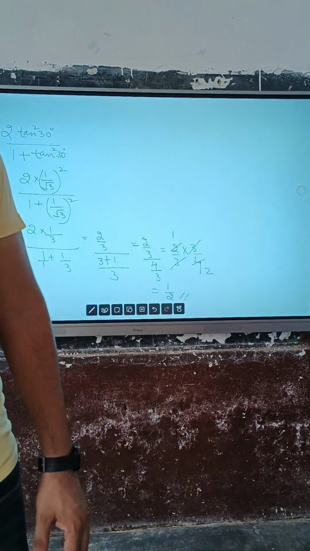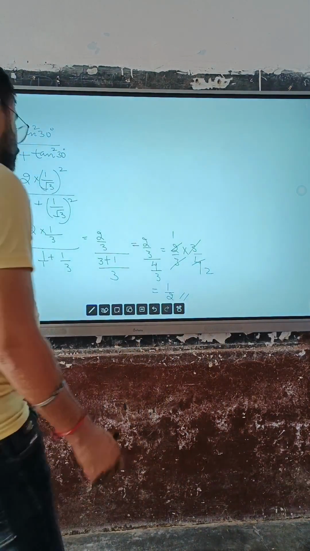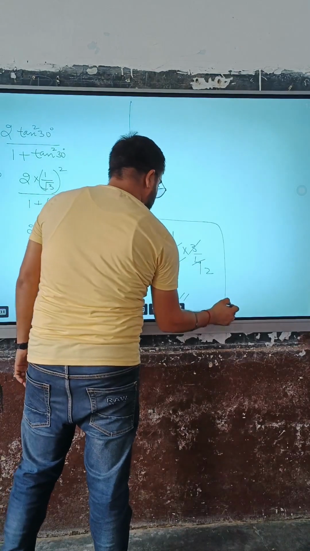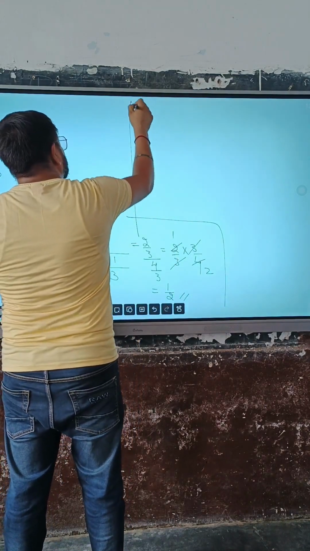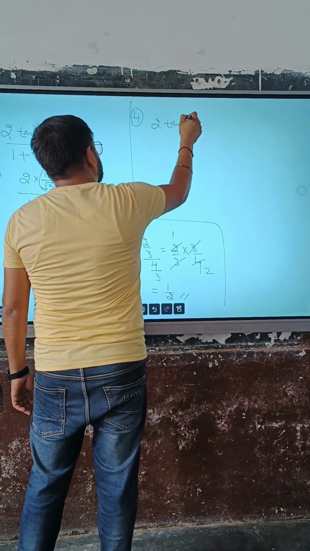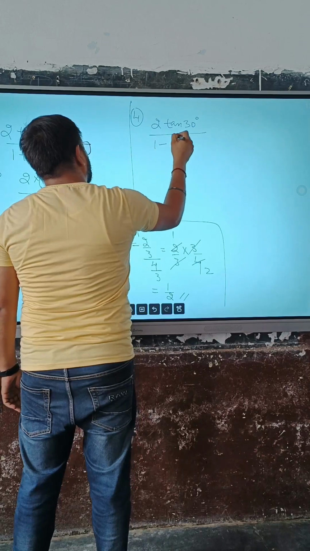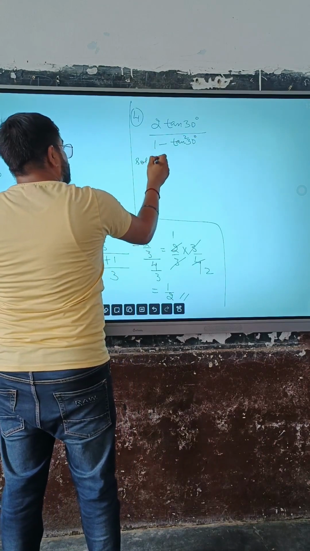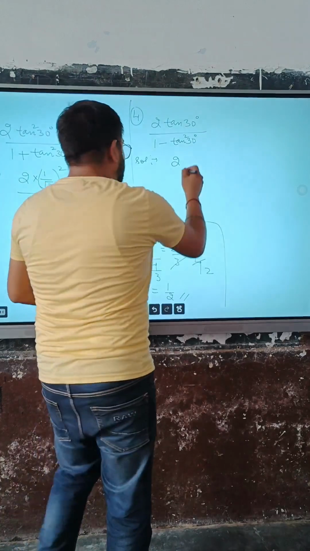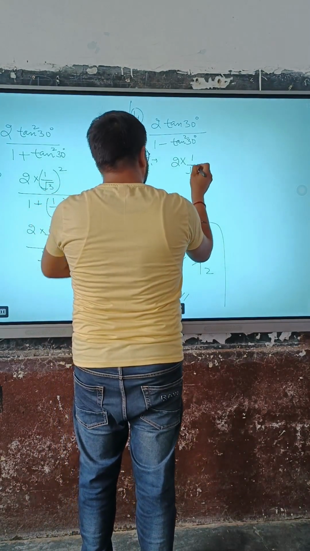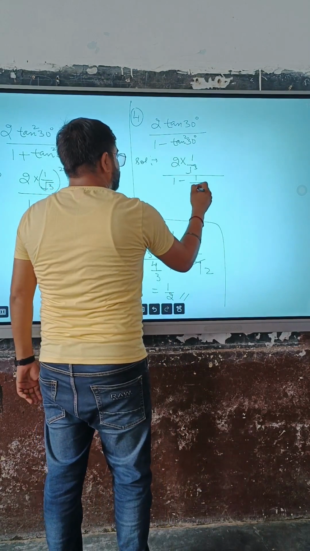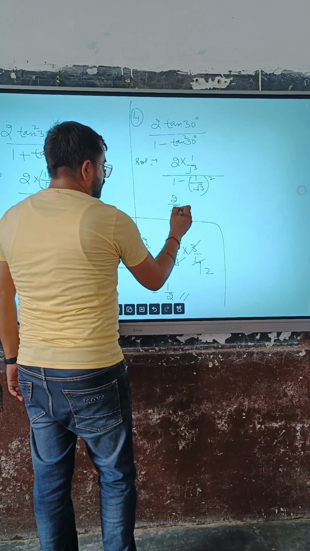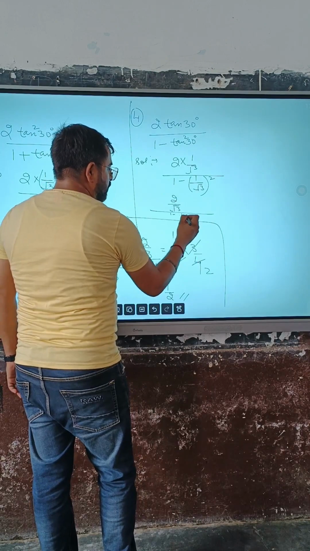Next question is 2 tan 30 degree over 1 minus tan square 30 degree. So tan 30 is 1 by root 3, over 1 minus 1 by root 3 squared. So that is 2 by root 3 divided by 1 minus 1 by 3.